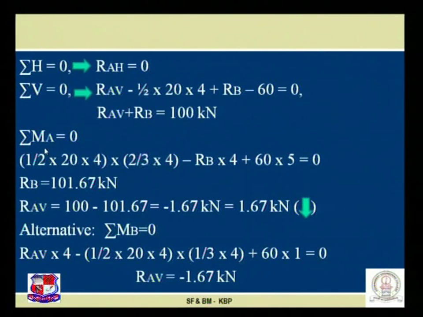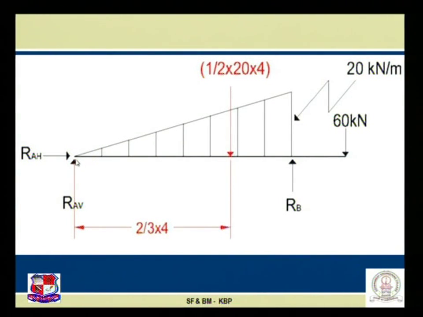It is up to us whether we take it at support A, at B, or at any other point, and we have to take the moment of all the forces. So if we take sigma MA equal to 0, that is, the summation of the moments of all forces at A equated with 0, then please refer to the figure. We have to take the moment of all the forces over here.